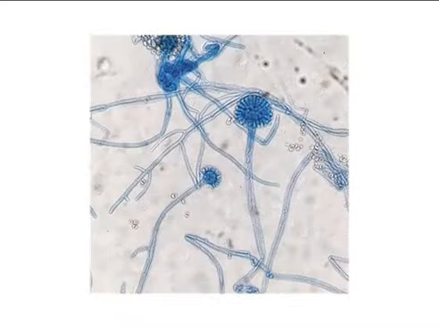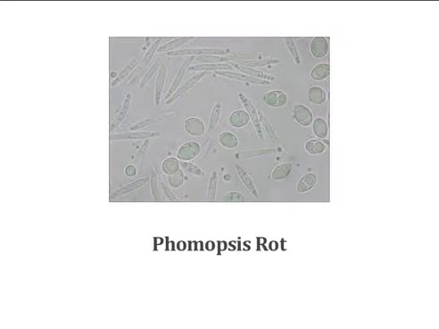At maturity, merosporangia are thin-walled, evanescent, and contain 5 to 10 globose to ovoid, smooth-walled sporangiospores.